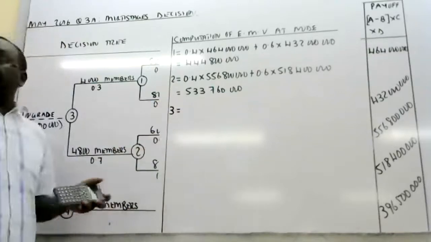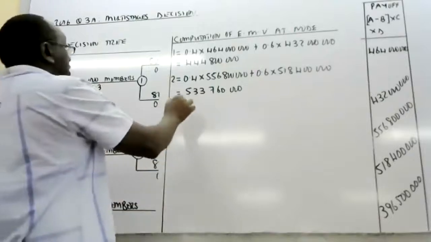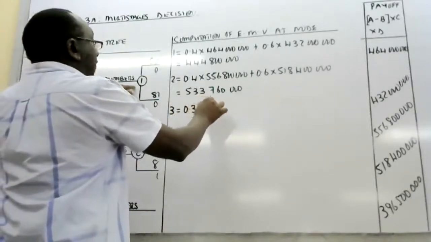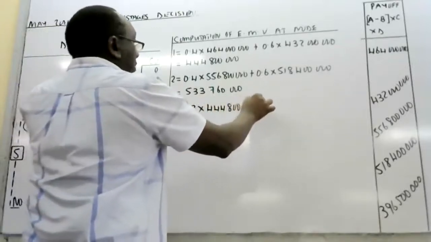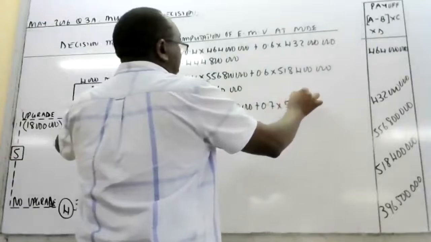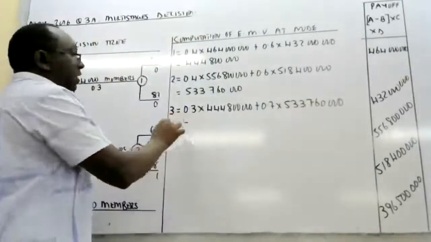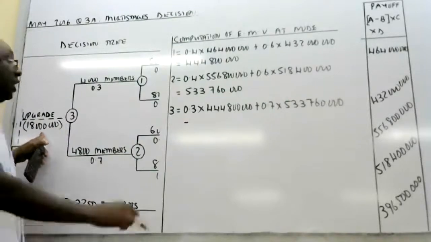Number 3 is also a case of multiplication. You can see they are complete. So it is 0.3 times what we got in number 1, that is 444,800,000 plus 0.7 times that 3,760, minus, you can see there is a cost that is coming in of 18 million.